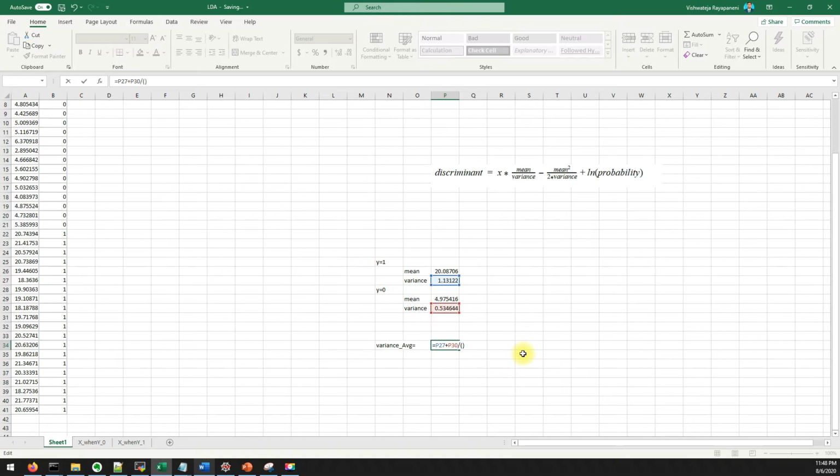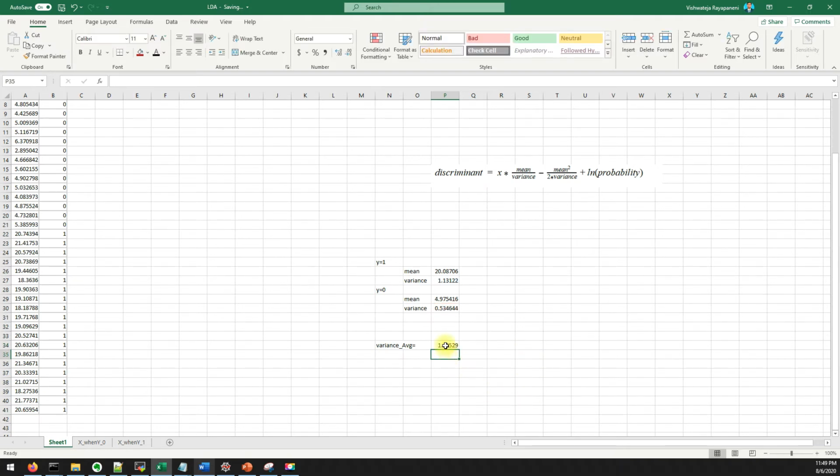The degree of freedom is the number of rows minus the number of classes. We have 40 rows, 40 data points. Out of 40, 20 rows are zeros and 20 rows are ones, and we have two classes, right? So 40 minus 2.